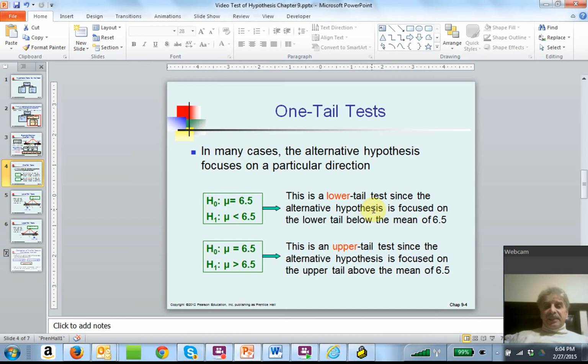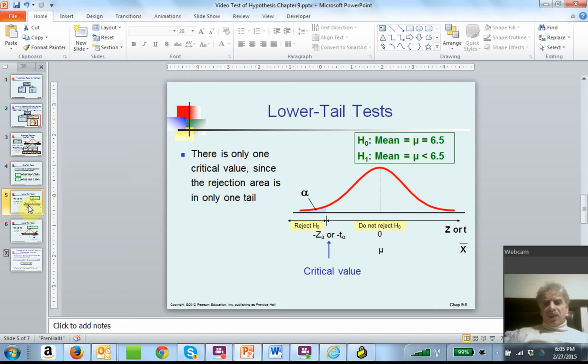On the other hand, if I read the problem and somehow it indicates that we are testing for mean more than 6.5, obviously that's larger than 6.5, then I have to go to the alternative hypothesis mean more than 6.5. And now when I come up with a critical value, as long as my alternative is less than, eventually I end up on the left tail.